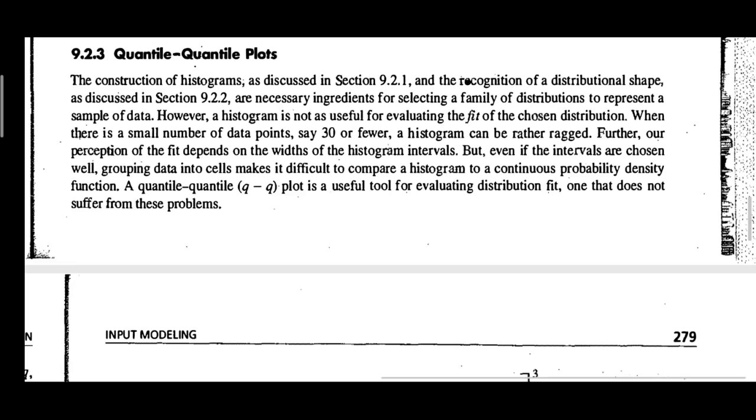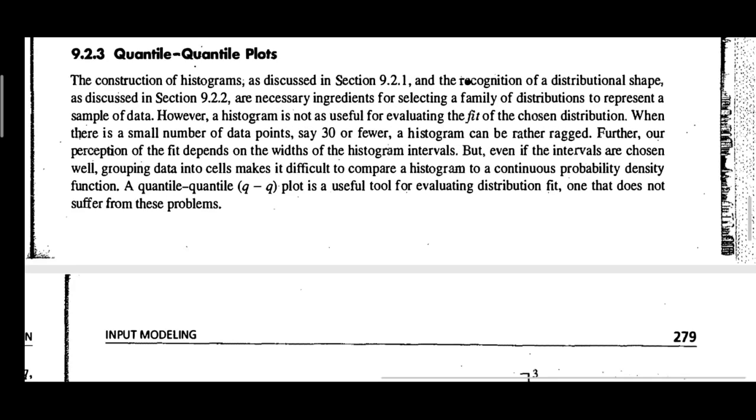Okay, for that purpose, wherever a histogram doesn't suit well, that is wherever the number of samples is small, in such cases we can go with the quantile plot or QQ plot. Very simple to understand.